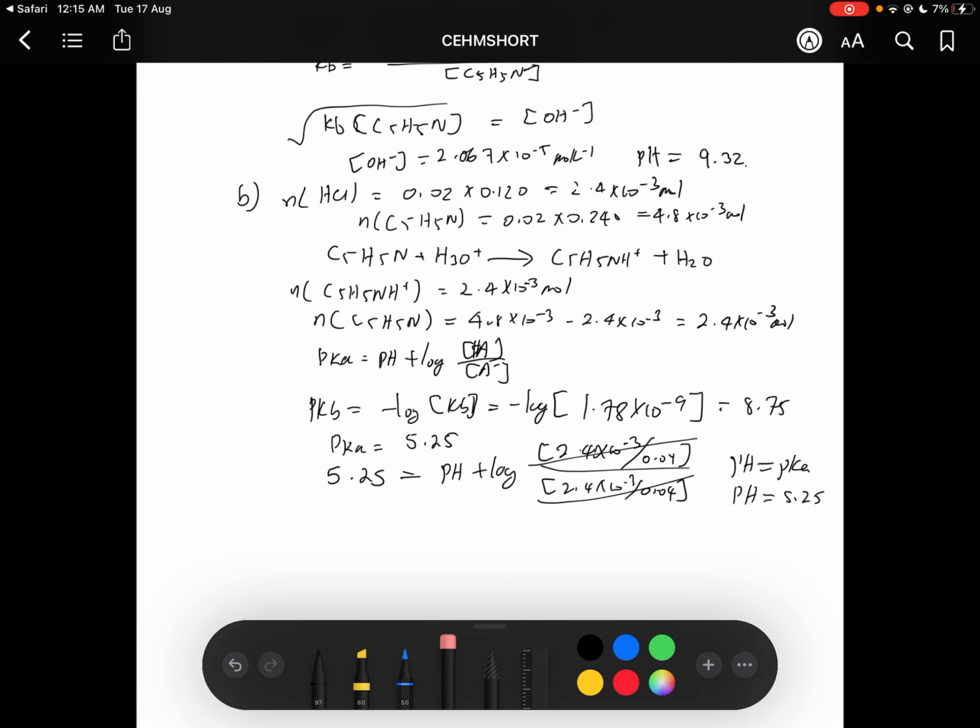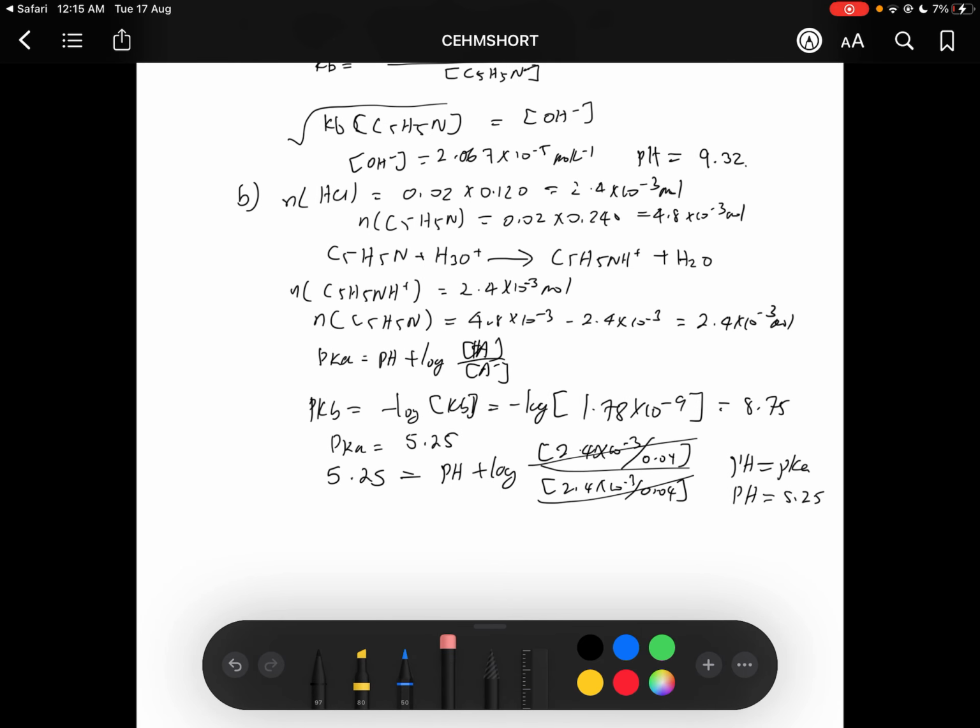However, we know that at the equivalence point, the only C5H5N is going to be from the dissociation of the conjugate acid, because all of the original C5H5N has been reacted with the hydronium to form the C5H5NH+, and therefore the only C5H5N in the solution is that from the dissociation of that conjugate acid.